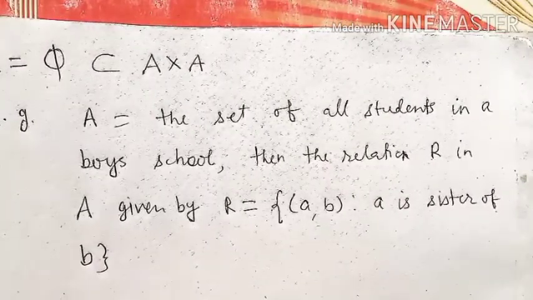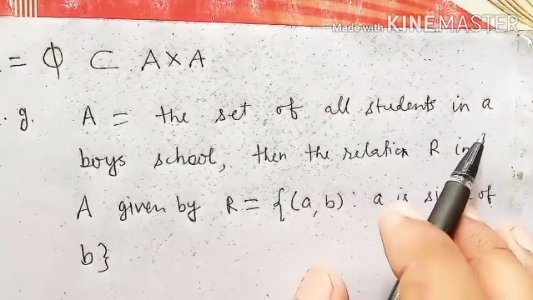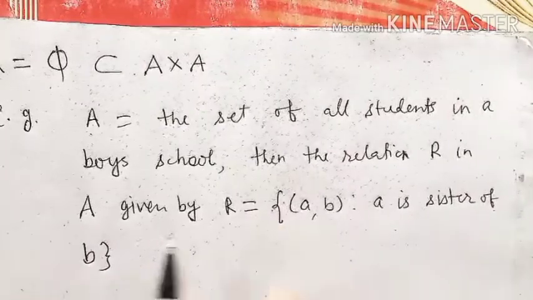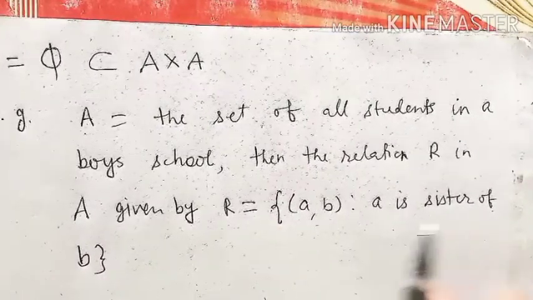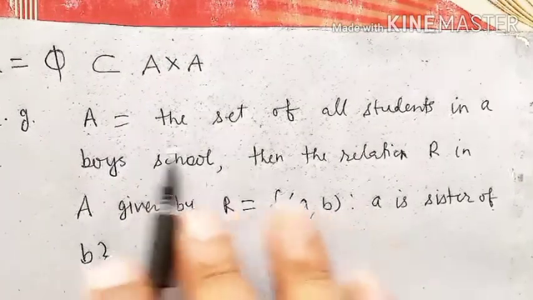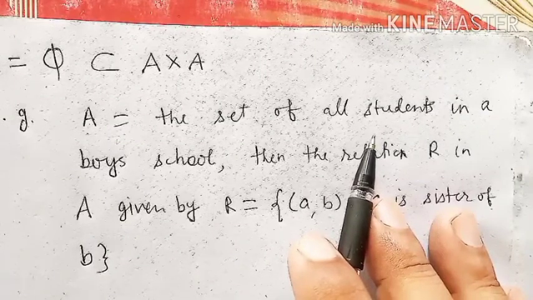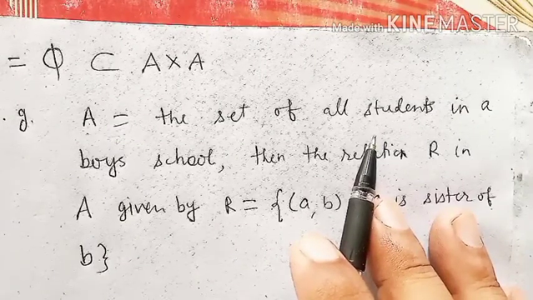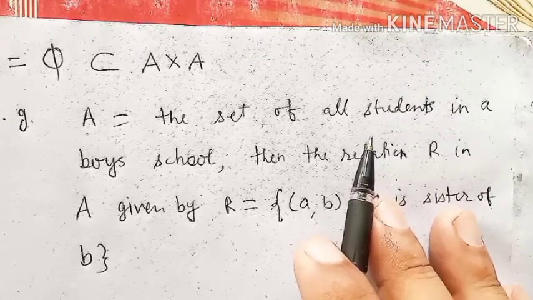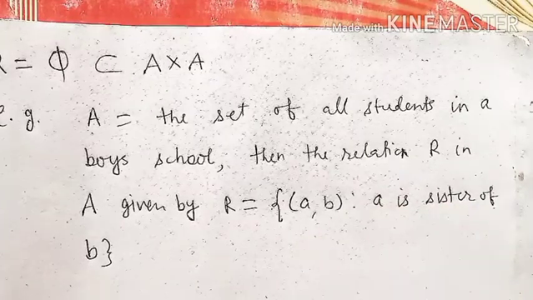We know that set A is the set of all students in a boys school, so no one is a girl there. But here we define a relation where a is sister of b. So it is impossible for this set that a student may become the sister of another student.